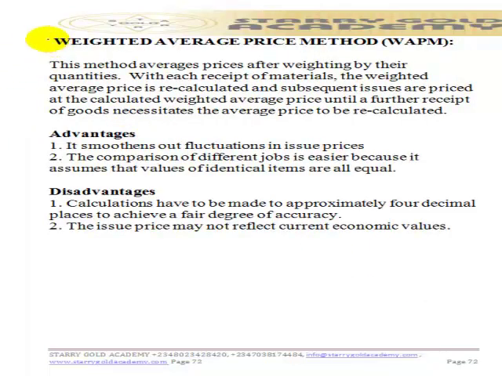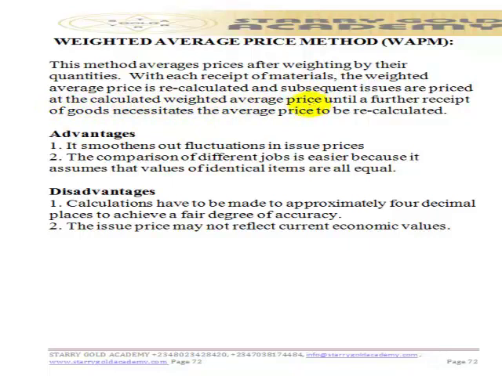Another method of pricing issues that we have is the weighted average price method, and this method averages prices after weighting by their quantities. With each receipt of materials, the weighted average price is recalculated and subsequent issues are priced at the calculated weighted average price.